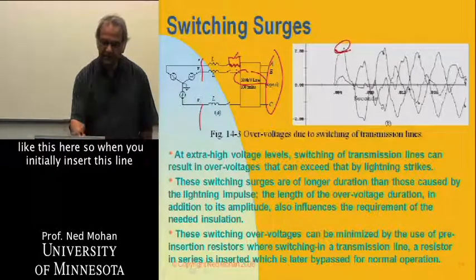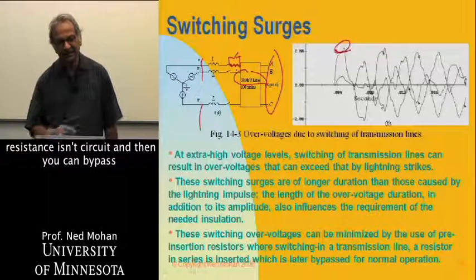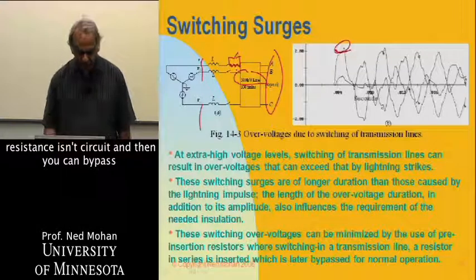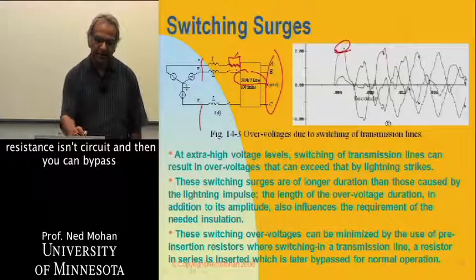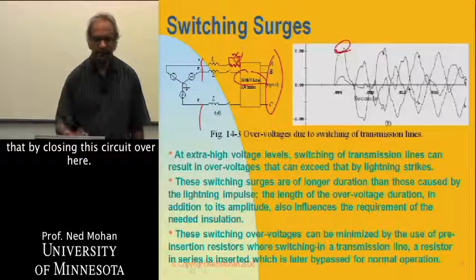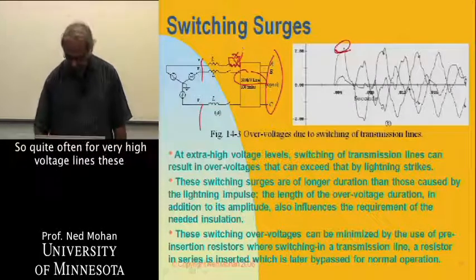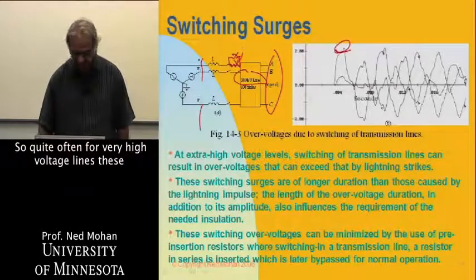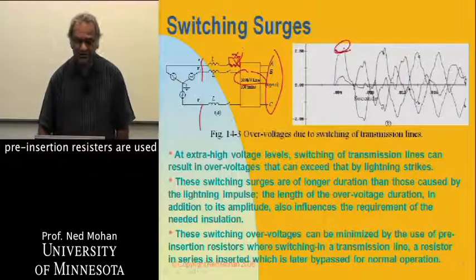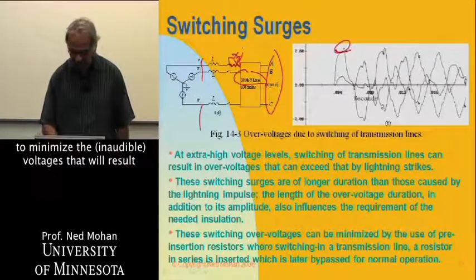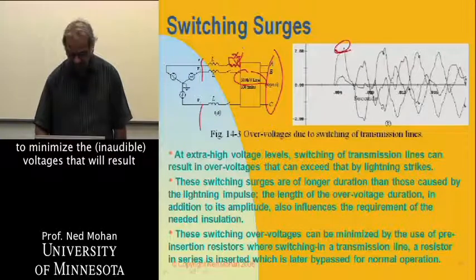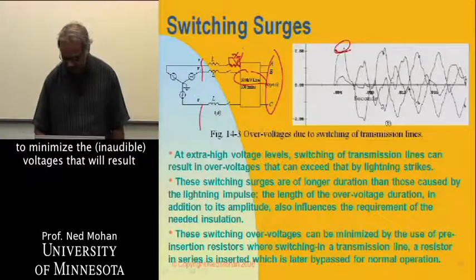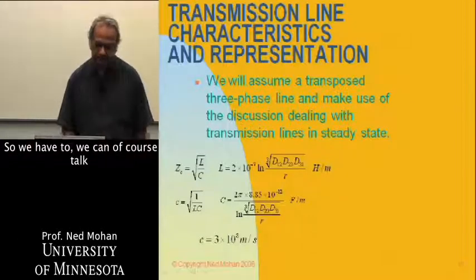So when you initially insert this line, the resistance is in circuit, and then you can bypass that by closing this circuit over here. Okay, so quite often for very high voltage lines, these pre-insertion resistors are used to minimize the over voltages that will result at the other end here.